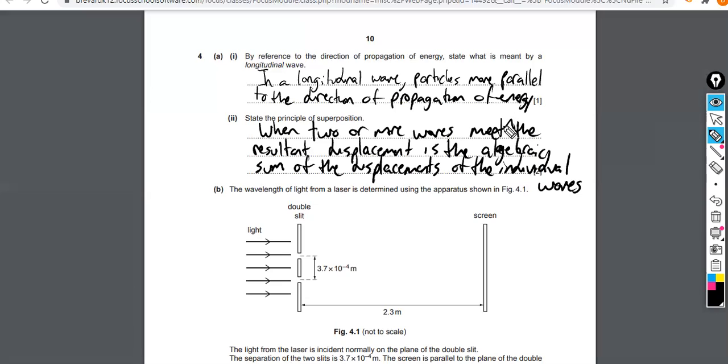How close is that to your definition? I misspoke a little bit there. All right, so yeah, at a point, I think this would earn the 2 marks, right? So that's the principle of superposition. Waves have to superpose, they meet, and when they do, you add them up. That's how the resultant is.